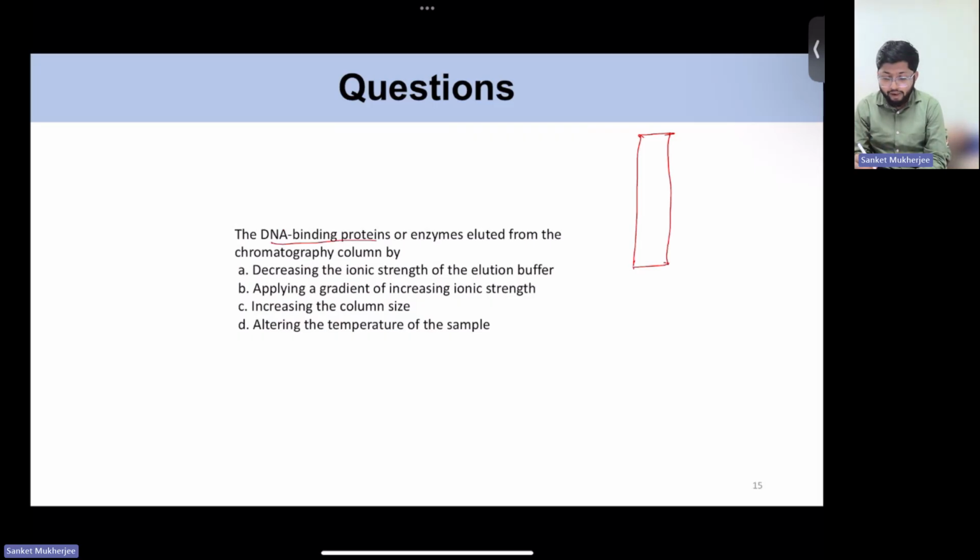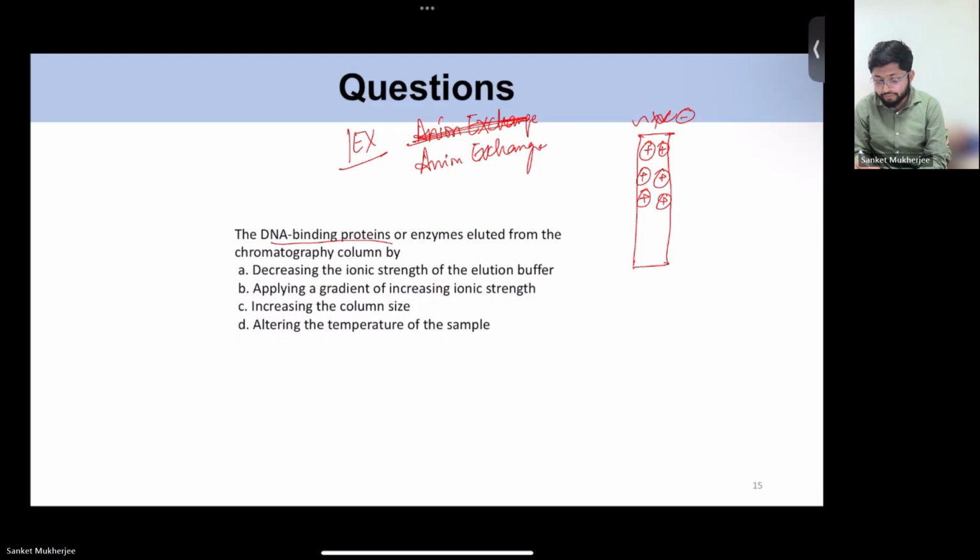A DNA binding protein would be an ion exchange chromatography, and specifically an anion exchange chromatography. So we'll have, let's say, a positively charged column. Yes, anion exchange. If there is a negatively charged DNA, it can come in and bind to these columns, right?